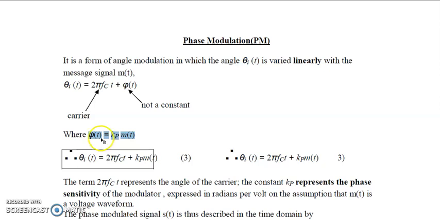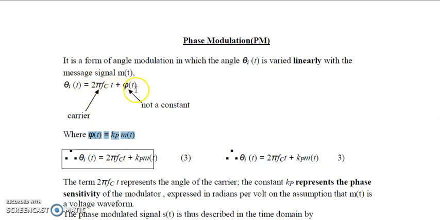So now you have understood that the instantaneous phase angle of the phase modulated signal is the phase angle of the carrier signal plus the change in the carrier phase, linearly with respect to the message signal. This change is added to the carrier phase angle.